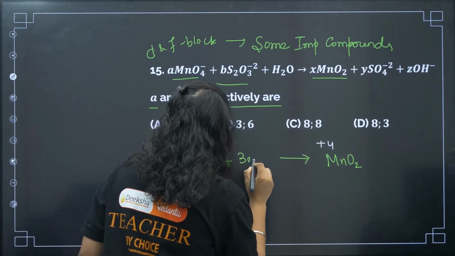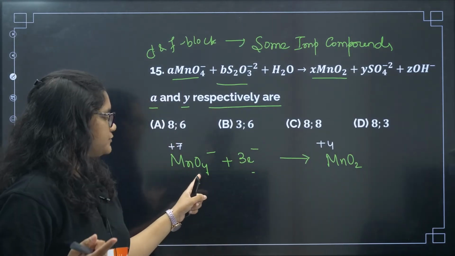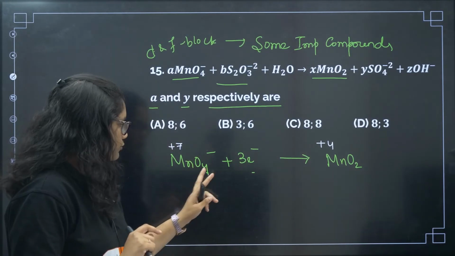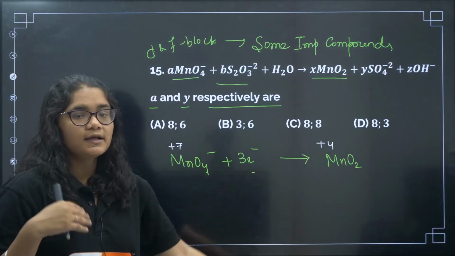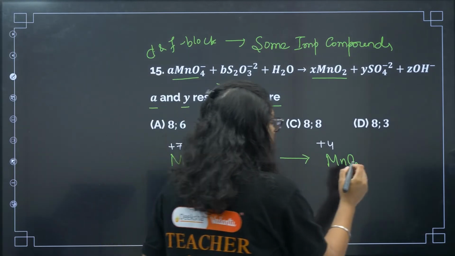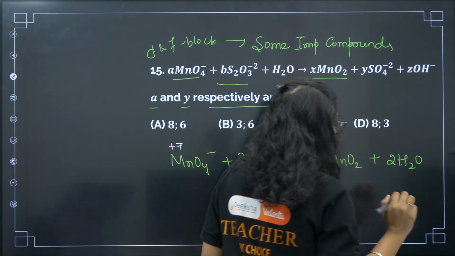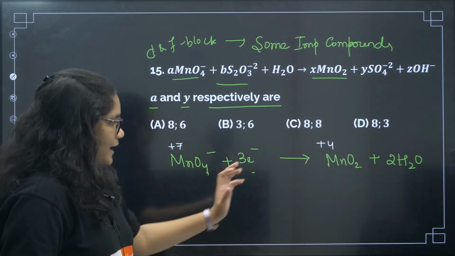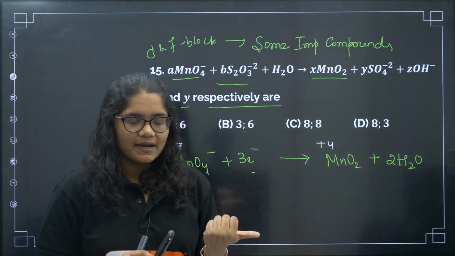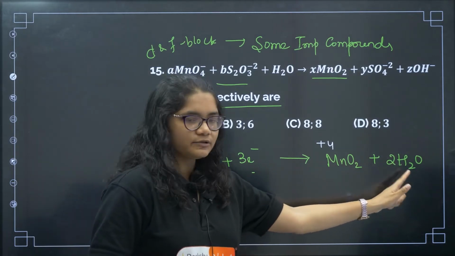So plus 3 electrons. Okay, now the next step is to balance the oxygen. Here we have 4 oxygen, here we have 2 oxygen. So to balance oxygen we need to add water molecules. So for 2 oxygen I will add 2 water molecules. Done. Now when I added this water molecule, oxygen is balanced, but at the same time hydrogen is not balanced, right? So here 4 hydrogens have come.